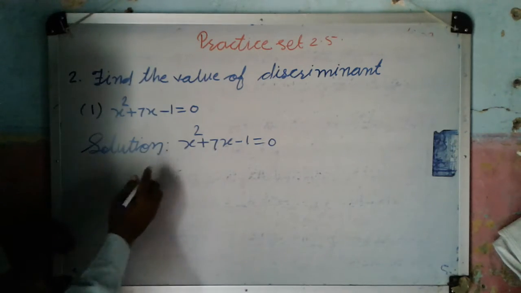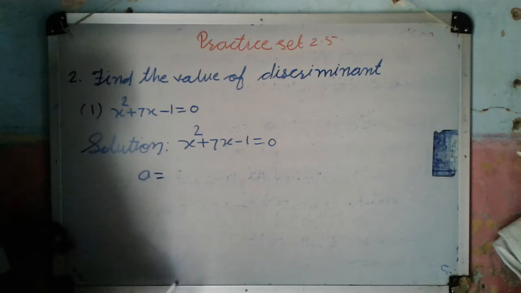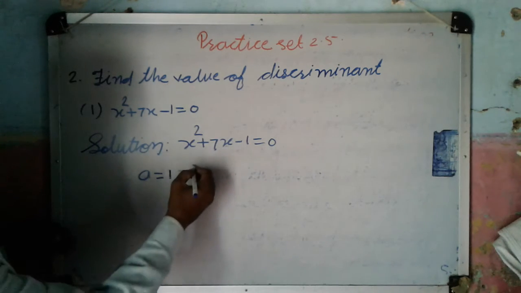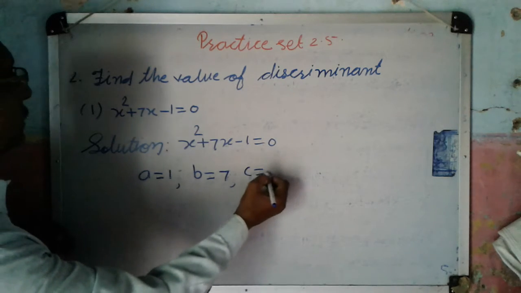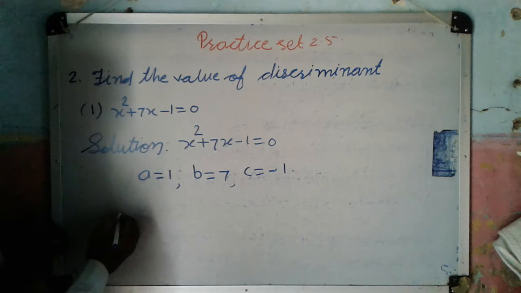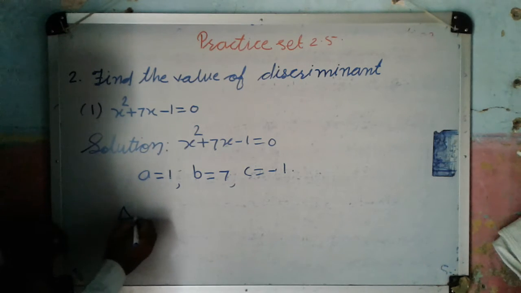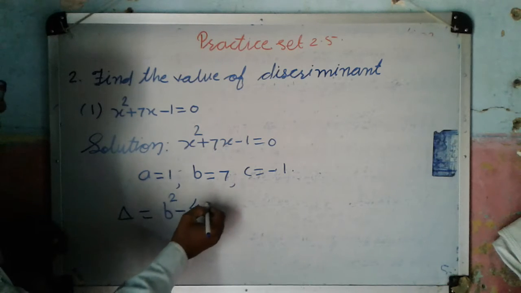Here first we will write the values of a, b and c. From the equation, a is equal to 1, b is equal to 7, c is equal to minus 1. Now the value of discriminant, that means delta, is equal to b square minus 4ac.